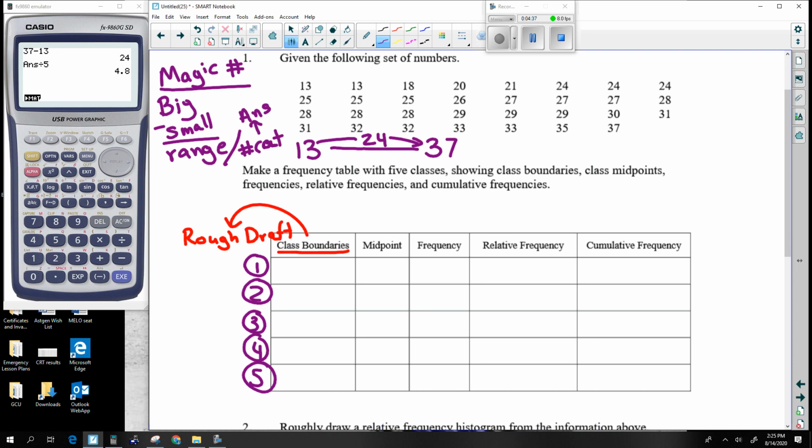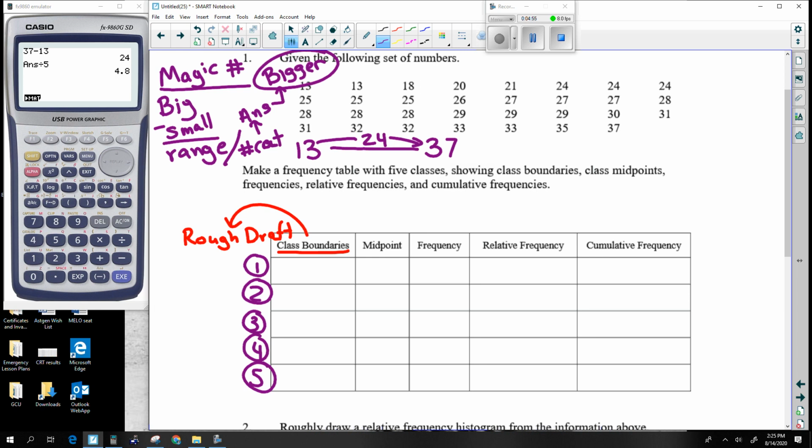And then what you do with this answer, and here's one thing that you have to be tricky about: always go bigger. Make it bigger. Even if it's a perfect number, you always have to make it the next number bigger than it.